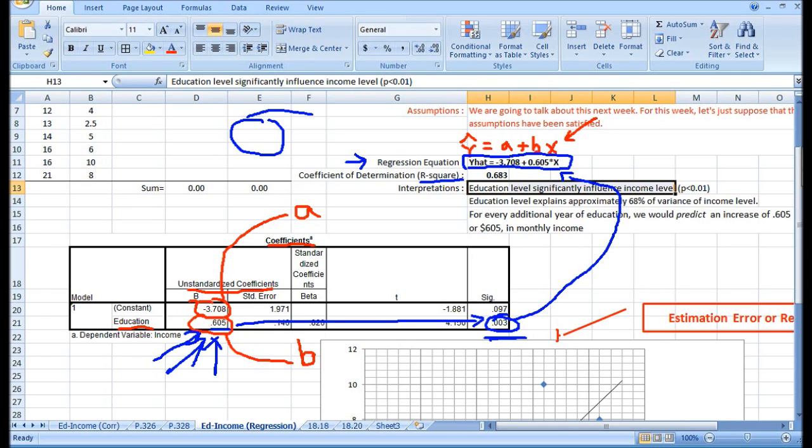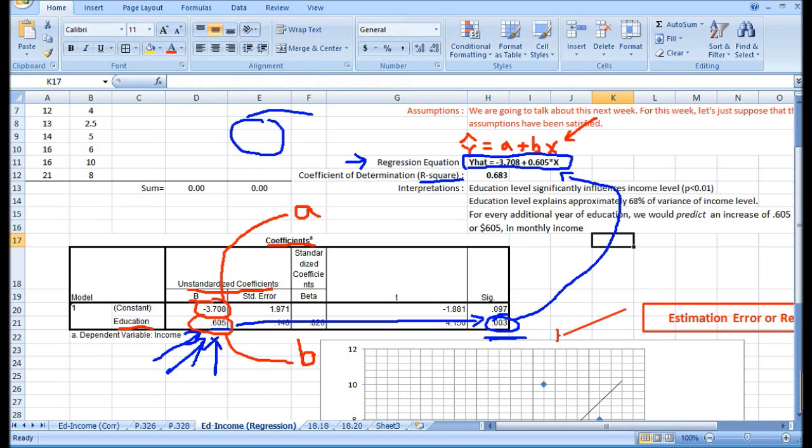Because this statistically significant regression coefficient tells us that education level significantly influences income level. Okay.